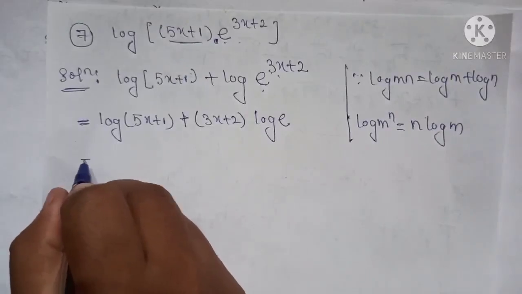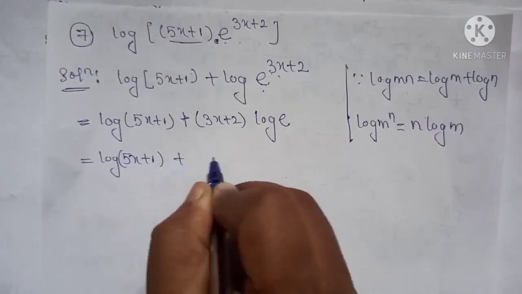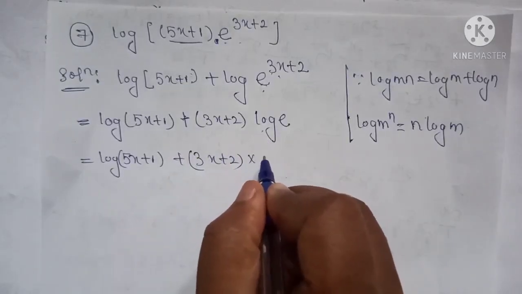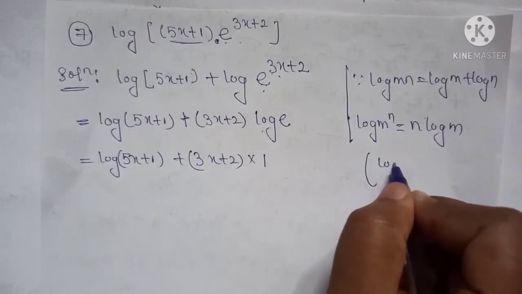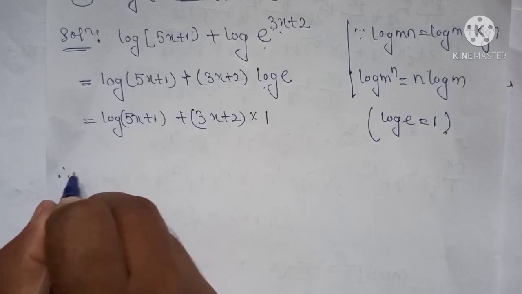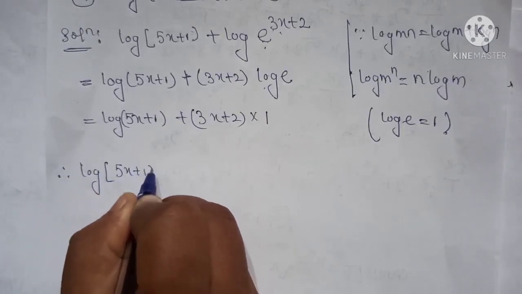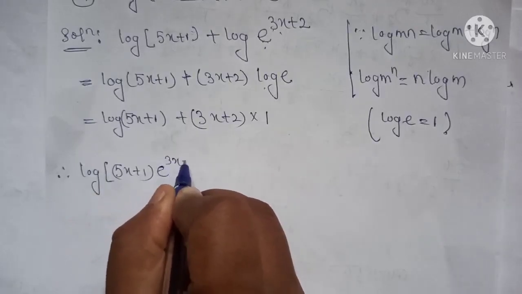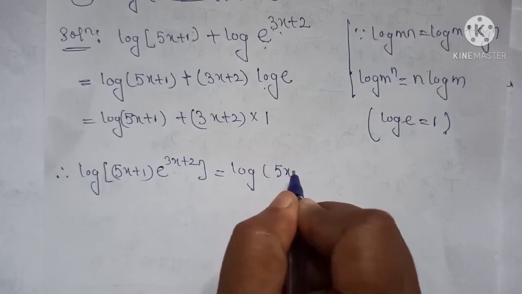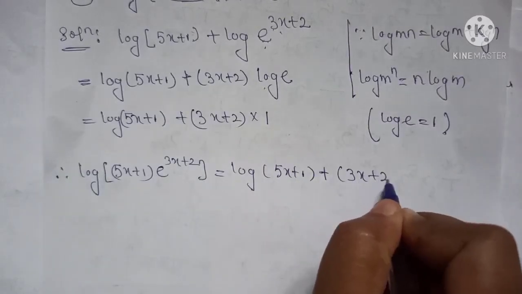Okay, so which is equals to log of (5x + 1) + (3x + 2). We know that log of e equals 1. Since log of e equals 1, the given function is equal to log of (5x + 1) + (3x + 2).